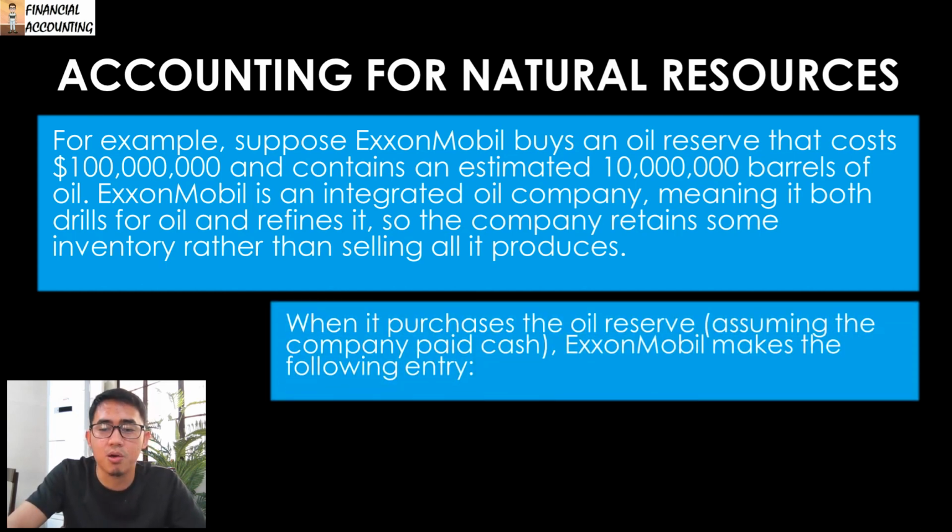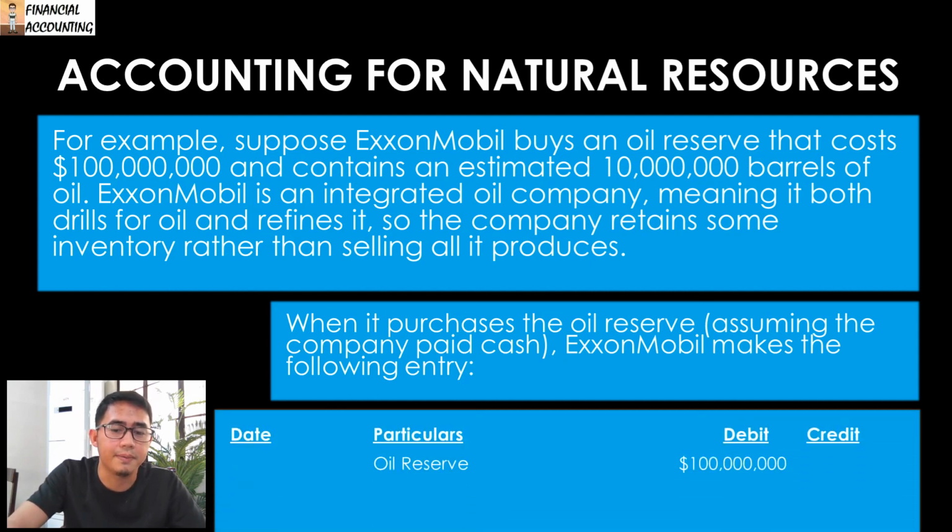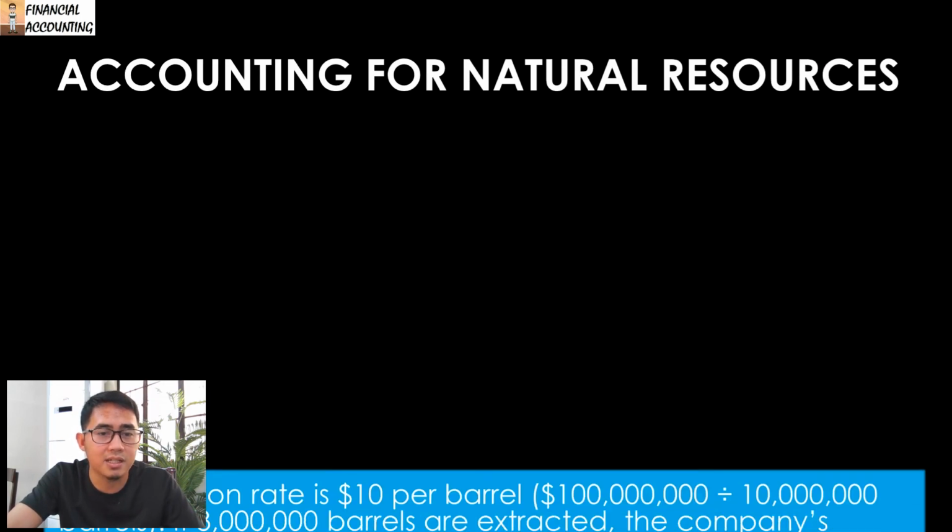When it purchases the oil reserve, assuming the company paid cash, ExxonMobil makes the following entry. So we will debit oil reserve of $100 million and we will credit cash $100 million. Now, oil reserve here is a natural resource that is reported as an asset in your statement of financial position or the balance sheet.